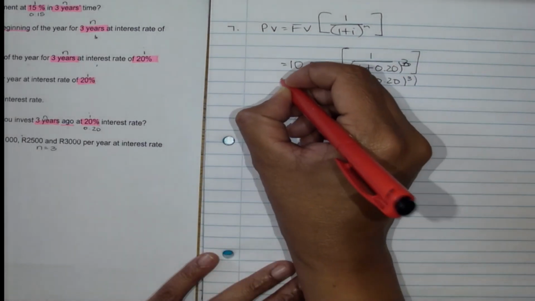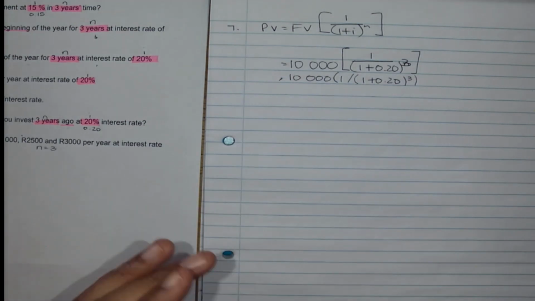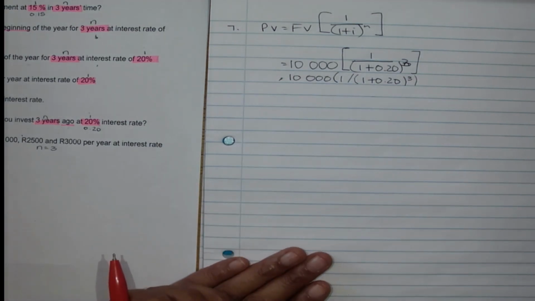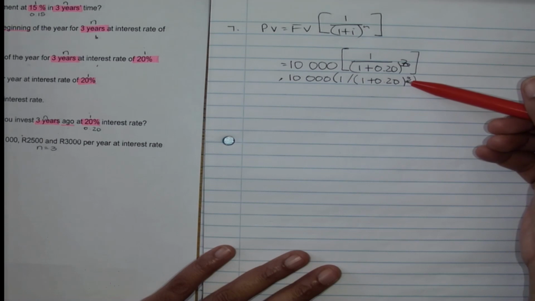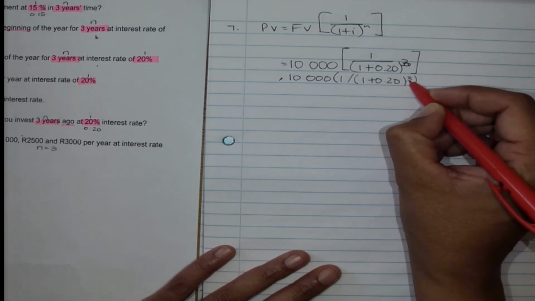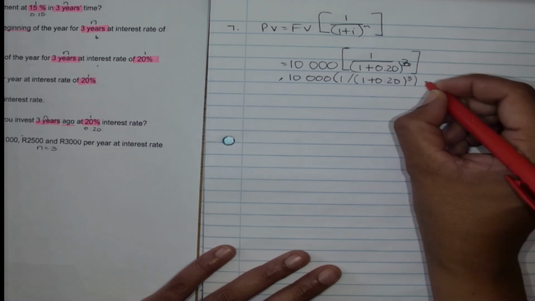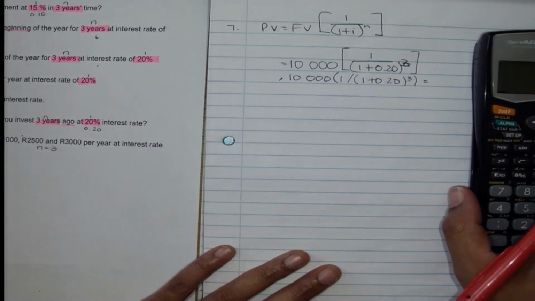If the question is only asking you to calculate the present value, you do it in one go. If the question says you need to calculate it per year, you will have to do this for 3 years, and in year 1 you'll have 1 for N, year 2 you'll have 2, and year 3 you'll have 3.